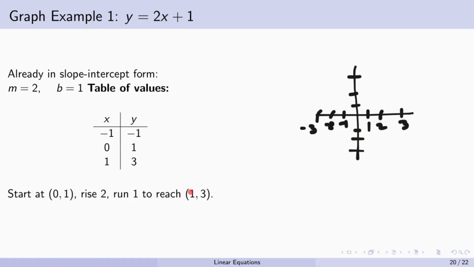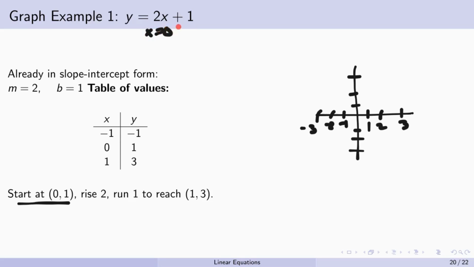So now, I'll start my graph with the y-intercept. If we have y is equal to 2x plus 1, the y-intercept can be the point that you want to start with. What you need to do is substitute x equals 0.